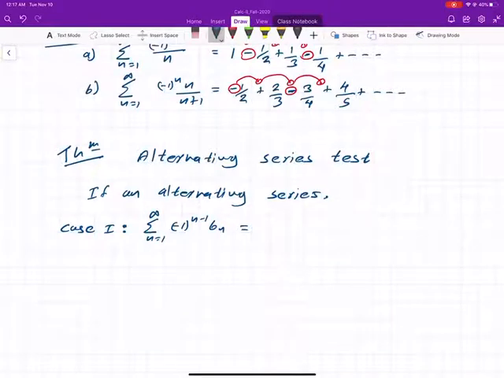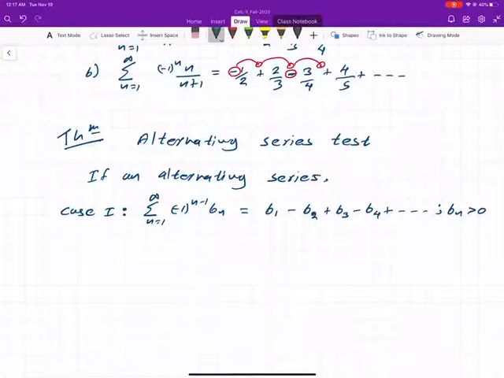This can be expanded as b1 minus b2 plus b3 minus b4 plus and so on, where bn is greater than 0.